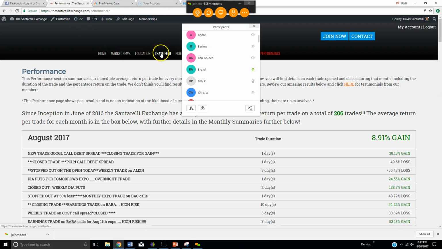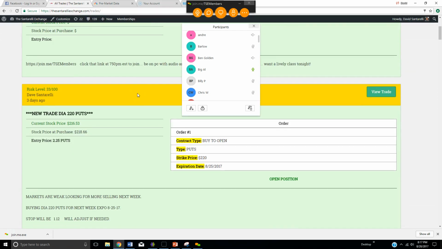Let me show you here, for example, quick. If we go to our trade feed, here are the alerts that get sent out to members. Right here, for example, was the trade we made on Diamond puts. We just got these on Thursday, I think it was. In your email, you're going to see two orders. Order 1 is going to have this information in it, and then order 2 is going to be blank.